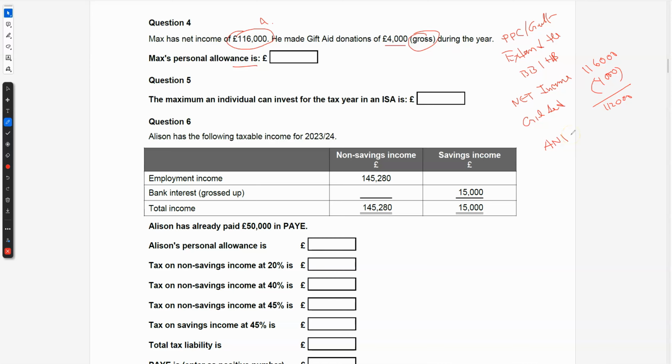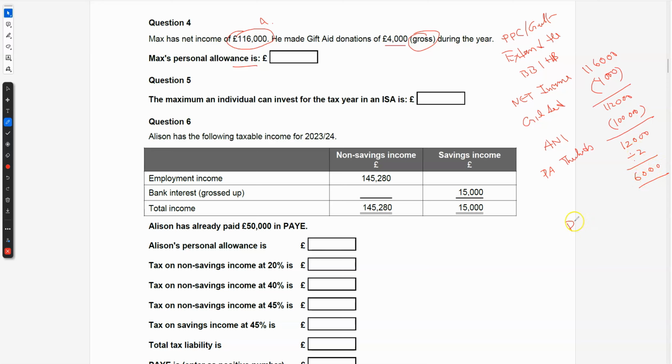And from the adjusted net income, we minus our personal allowance threshold. So personal allowance threshold, and that is 100,000. This is always fixed, 100,000. So we have an excess of 12,000. And for this 12,000, half of it will be deducted from the personal allowance, because for every £2, £1 will be reduced. So we need to divide by 2, and that's 6,000.